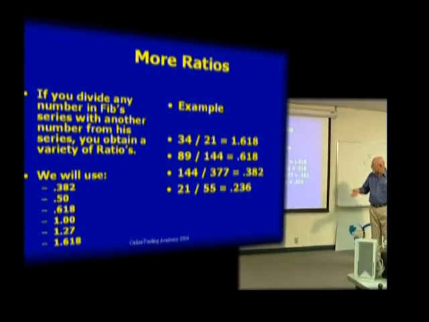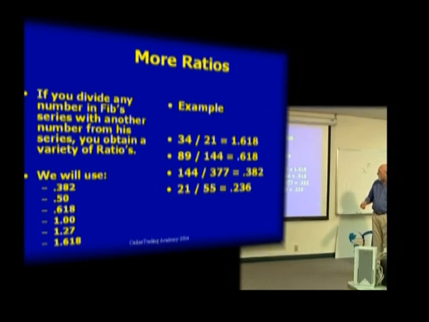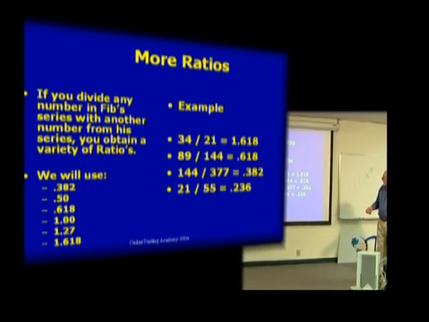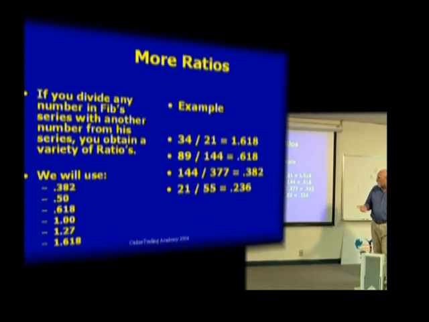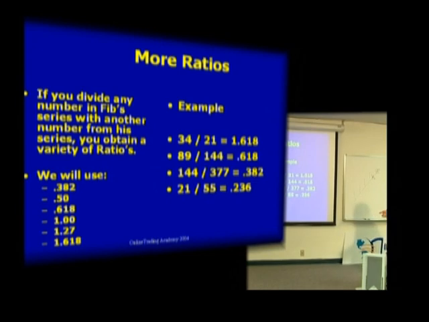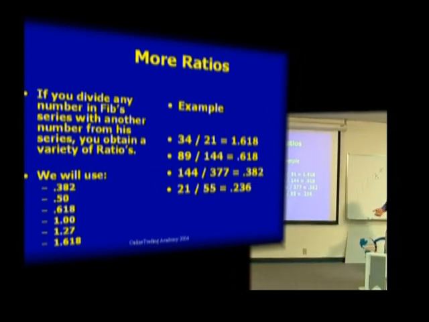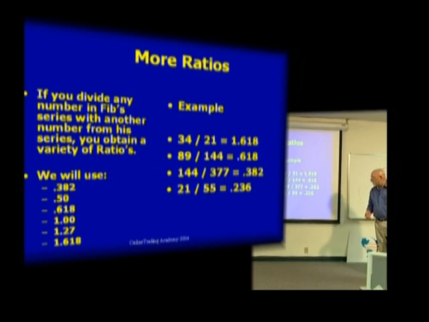Some of the famous ones that we'll be using in here, in fact, it's not even on the list, you might want to add it down there, is 0.236, 0.382, 0.50, 0.618. There's another one not shown there that shows up.